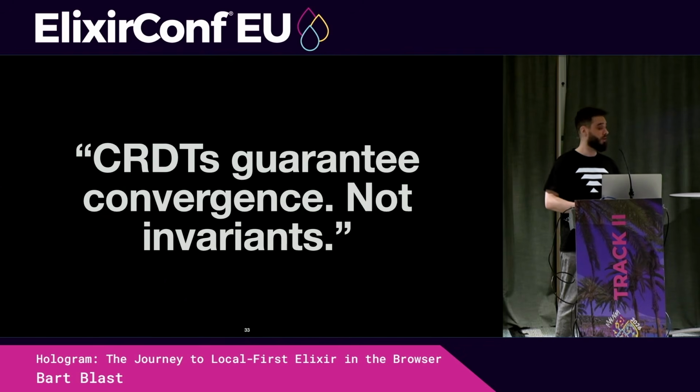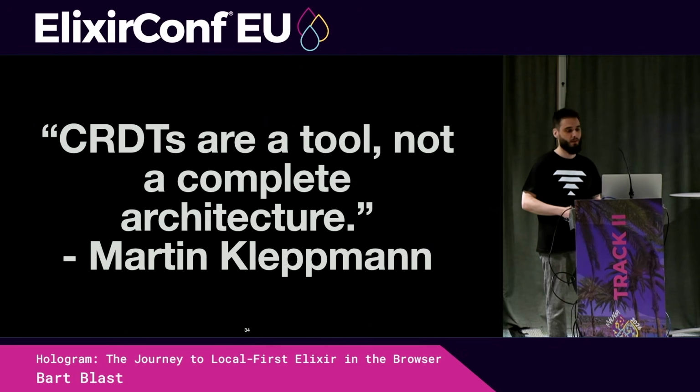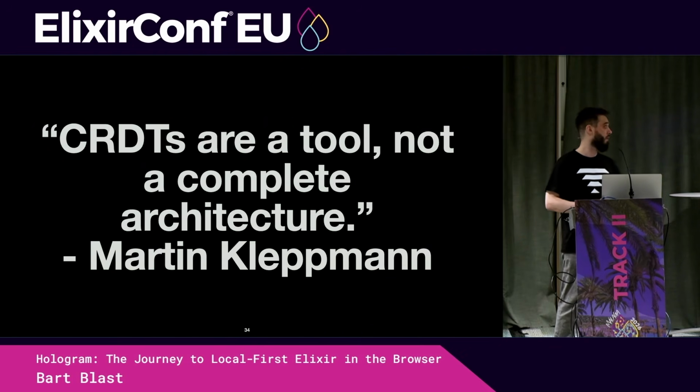And that's the CAP theorem biting. During a network partition, you pick consistency or availability. You can't have both. CRDTs pick availability, traditional databases pick consistency. Martin Kleppmann, one of the authors of the Local First essay, put it cleanly, CRDTs are a tool, not a complete architecture.